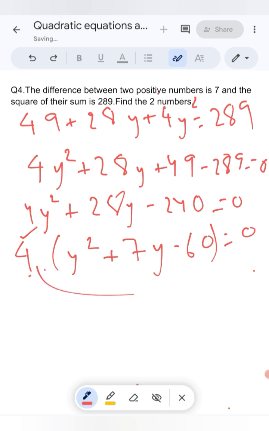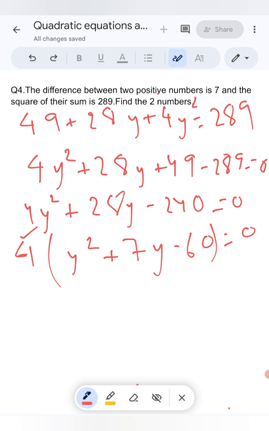When it goes down, it becomes 0 divided by 4, so that answer becomes automatically 0. So we will be ignoring the 4 now throughout. So okay, now y square plus 7y minus 60 is your equation.